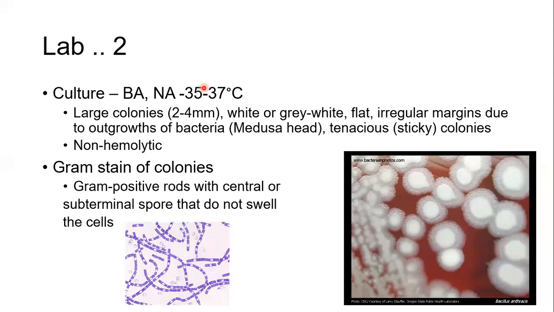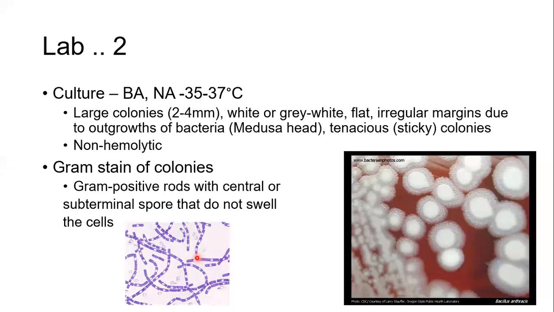I hope that's clear. Okay, and then the colonies are non-hemolytic for Bacillus anthracis. When you do a gram stain of these colonies, you get gram-positive rods with a central or subterminal spore. Subterminal just means it's closer to the end, so it would be somewhere here, but not right at the end. It's not a terminal spore.